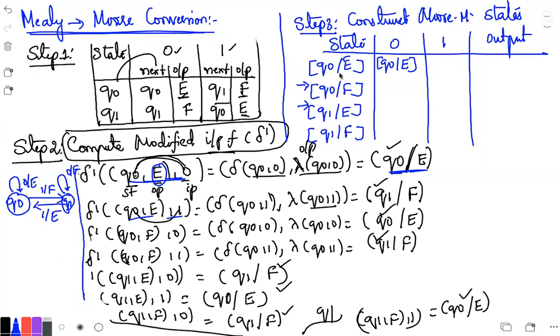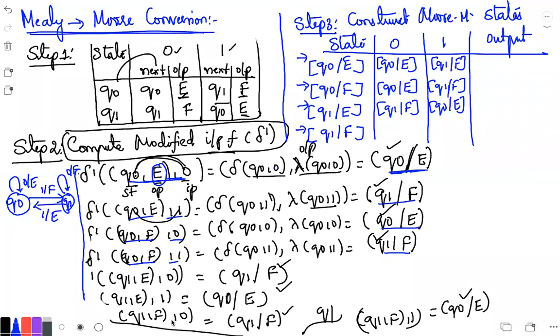Then Q0 on E with 1, Q1 on F. Now Q0 on F with 0, that is Q0 on E. Q0 on F with 1, Q1 on F. Q1 on E with 0, Q1 on F. Q1 on E with 1, Q0 on E. Come to the last one.